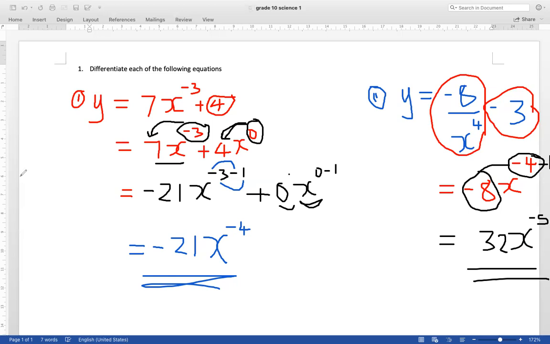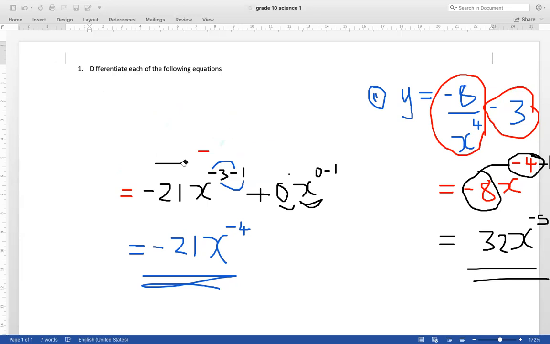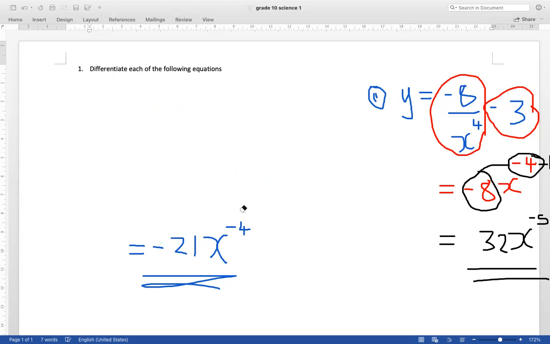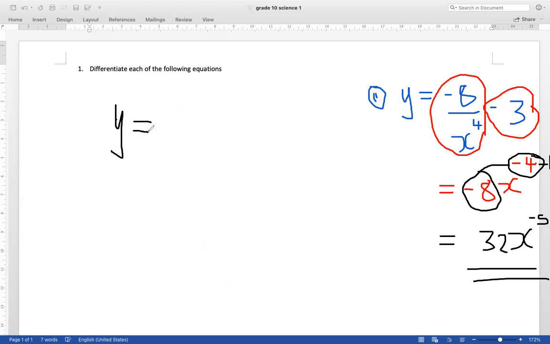Then lastly, number 3, I think that's where we will end. Our number 3 was y is equal to 1 over x.